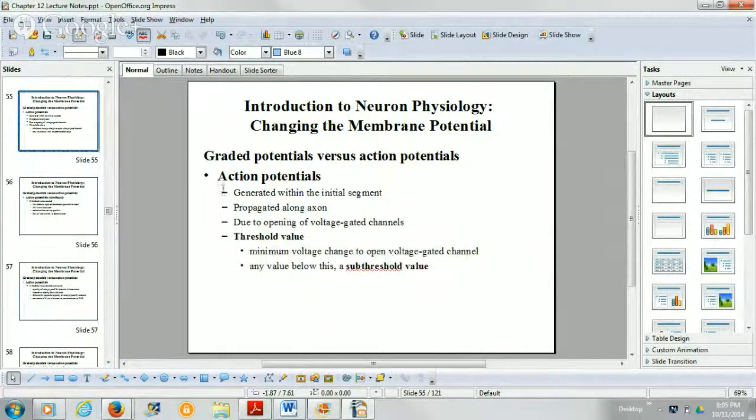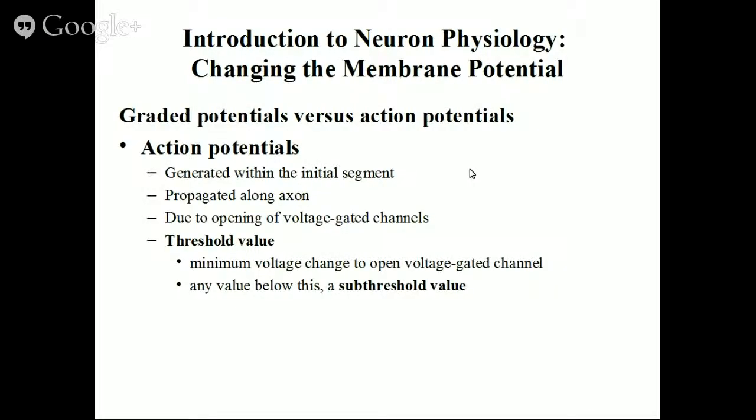All of the real action is before and after an action potential. The action potential itself is so quick, and it's traveling, it's moving, and it's such a quick and simple process that there's really not much to talk about. I mean, an action potential starts within the initial segment. It starts with what's happening there in the axon hillock. It's propagated along the axon.